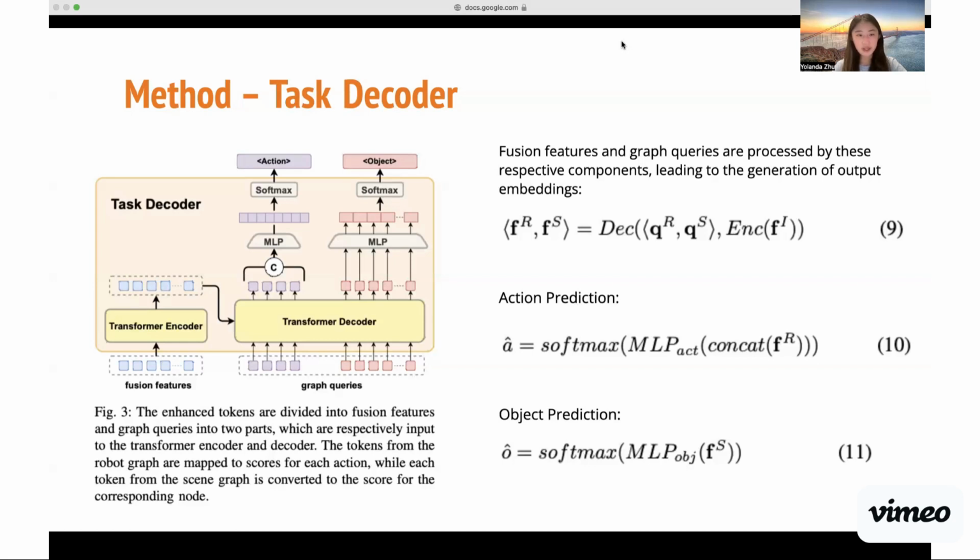This is shown in equation 10. For object prediction, output embeddings from the scene graph undergo scoring for each node through another MLP, determining the potential object for interaction. This is shown in equation 11. To summarize, the task decoder serves as the nexus where linguistic instructions and graph-based data are translated into robotic actions and object selections, guiding the robot with precision through its tasks.